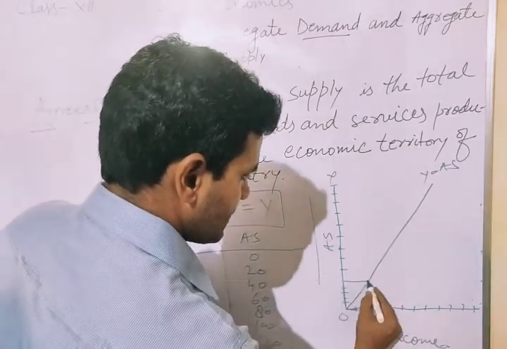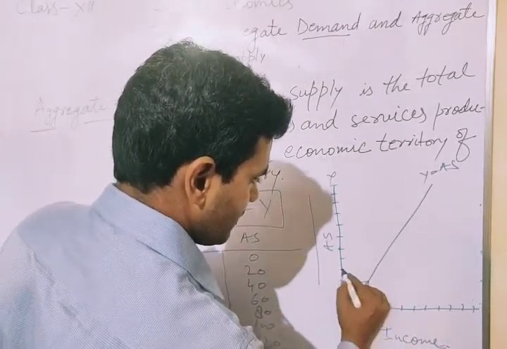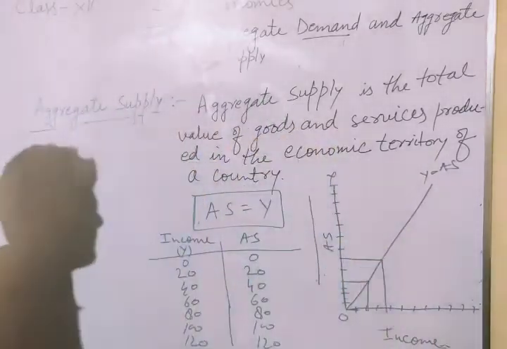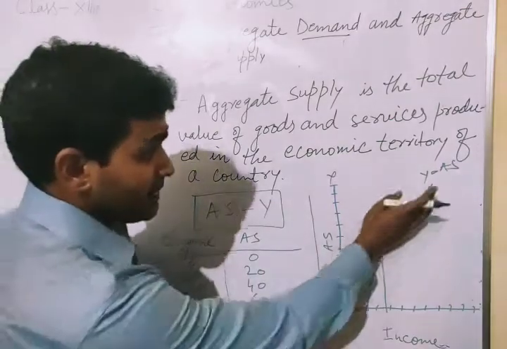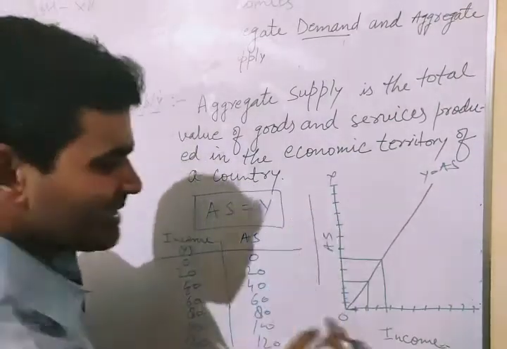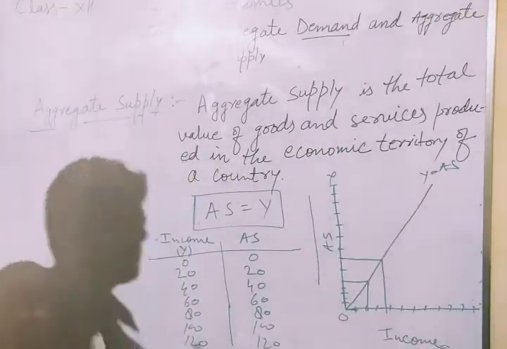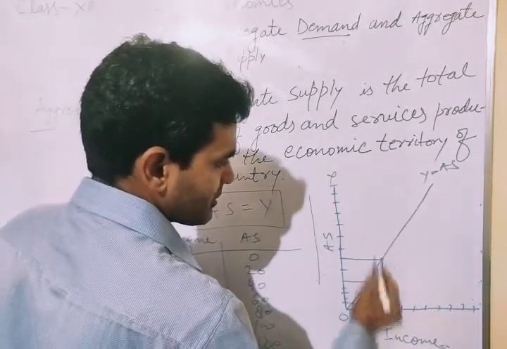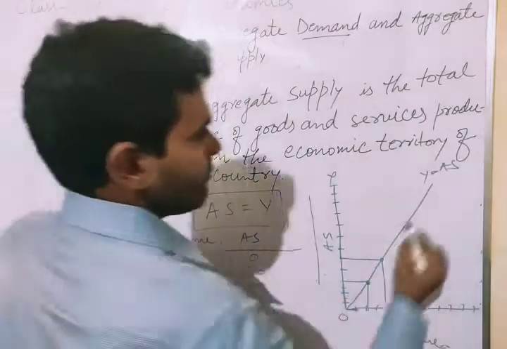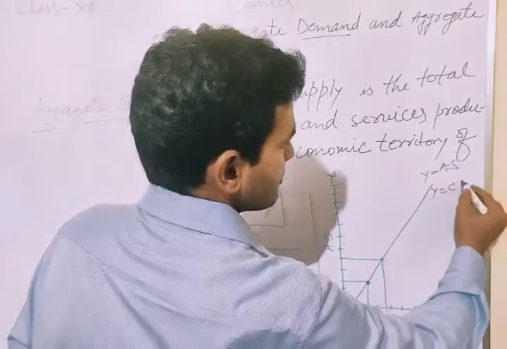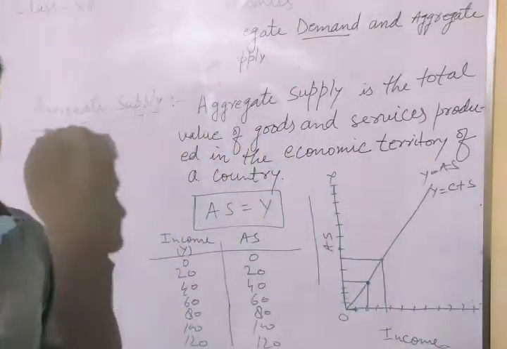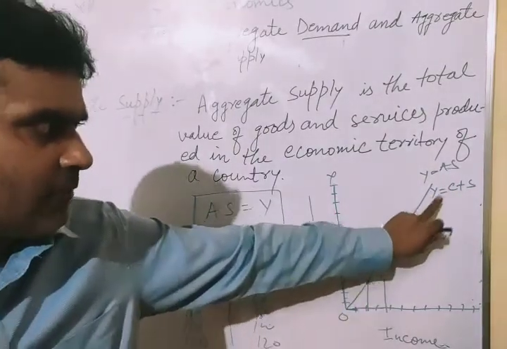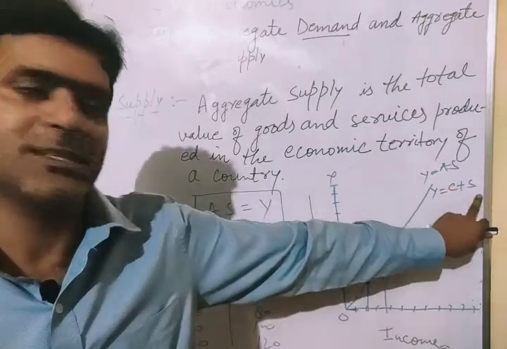At any point we have equal coordinates, equidistant from the OX as well as OY axis. It means at each and every point Y is equal to C plus S. What does it mean? The total income will either be consumed or saved.